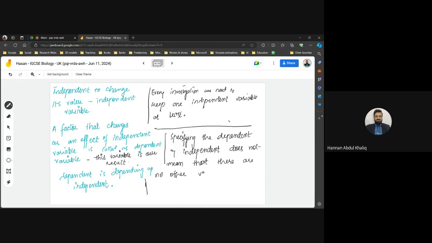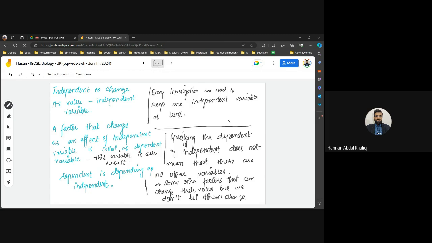Now, what does this mean? There are some other factors that can change their value, but we don't let them. We don't let them change.